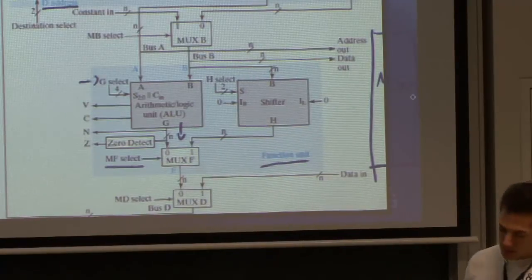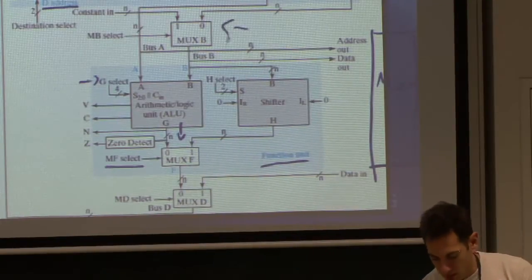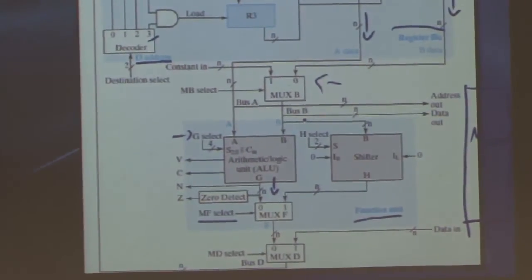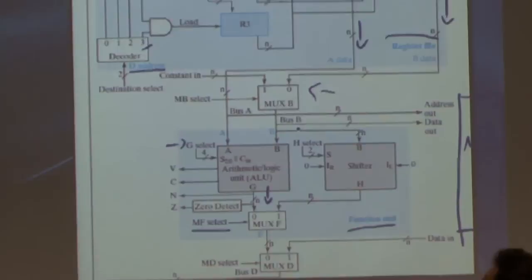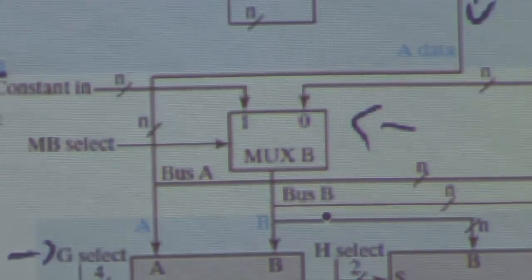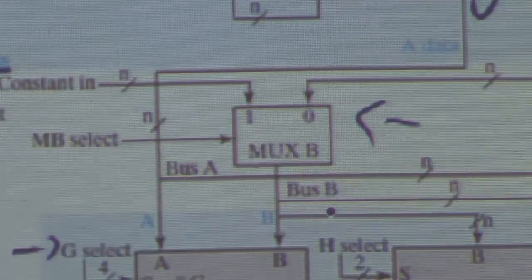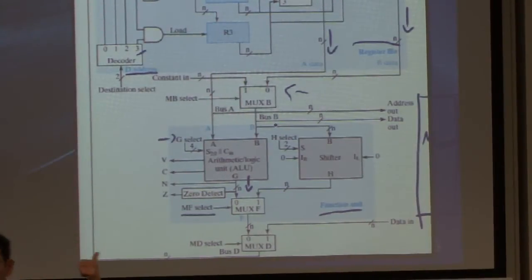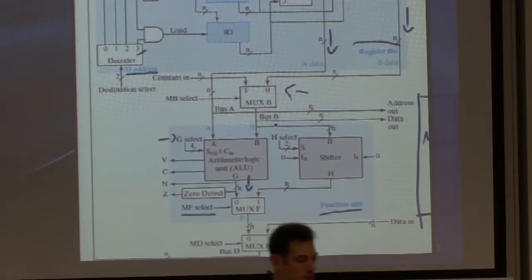The last thing is this multiplexer here that lets us choose what value we want for the variable B. The variable B is either being fed into the ALU or into the shifter. We can either choose to have a value coming from the registers, or you might want to set B to be some constant.